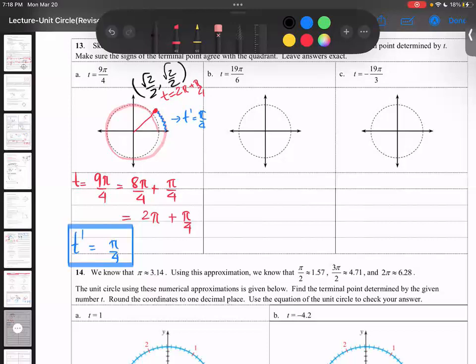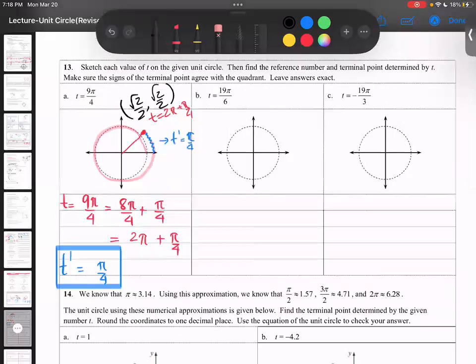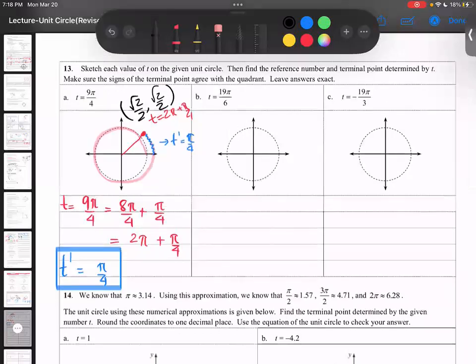Next, t equals 19 pi over 6. Same argument. I would recommend you split it into an even number of times going around the circle, say 2 pi, 4 pi, 6 pi, or odd, like 1 pi, 3 pi, 5 pi. 19 pi divided by 6 is the same thing as what?